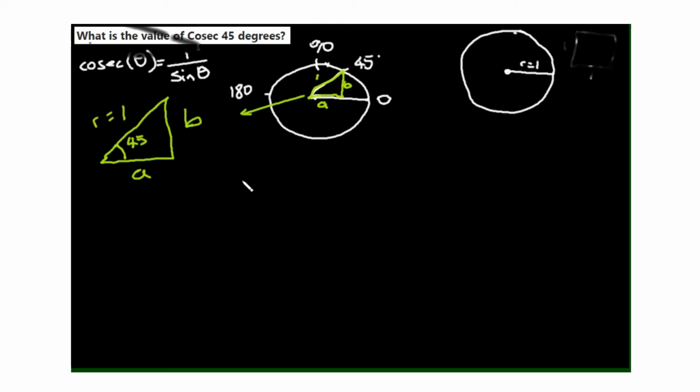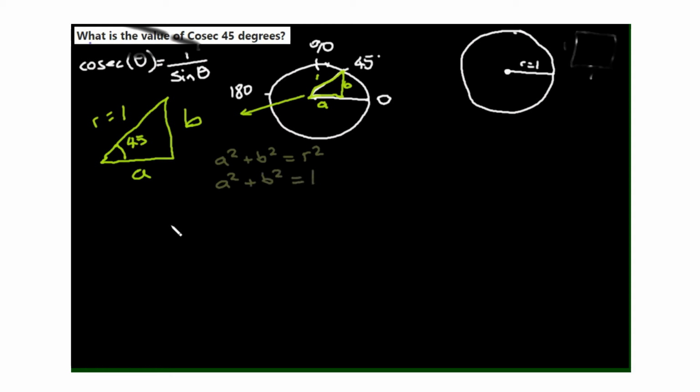Okay, so knowing Pythagoras' theorem, we need a quick reminder. Pythagoras' theorem is A squared plus B squared equals R squared. Now, the neat part about using the unit circle is R equals 1. So R squared is just 1. That makes everything nice and easy.